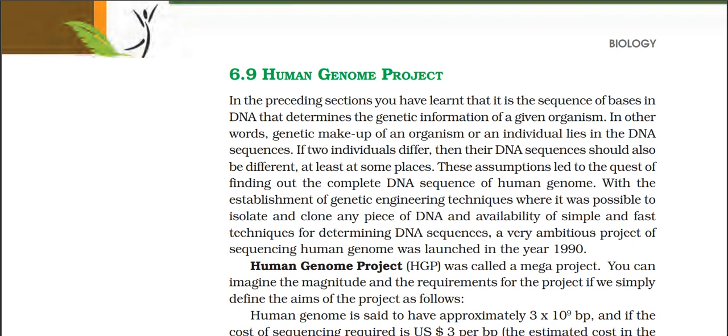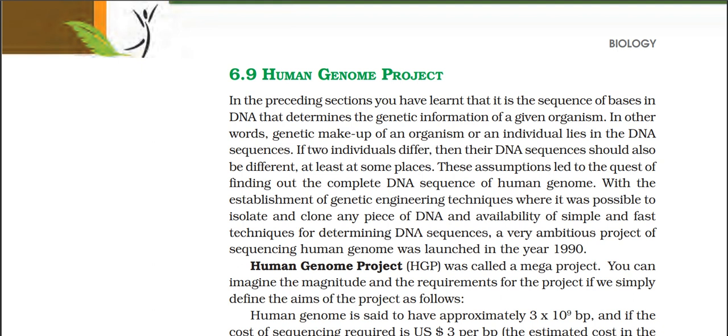With the establishment of genetic engineering techniques where it was possible to isolate and clone any piece of DNA and availability of simple and fast techniques for determining DNA sequences, a very ambitious project of sequencing human genome was launched in the year 1990. Human Genome Project, HGP, was called a mega project.